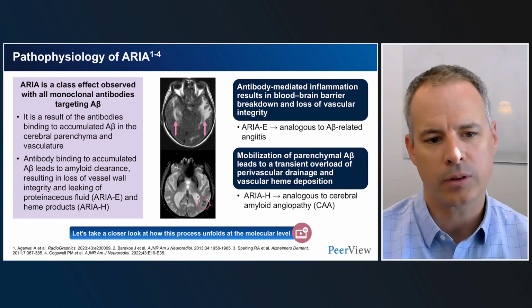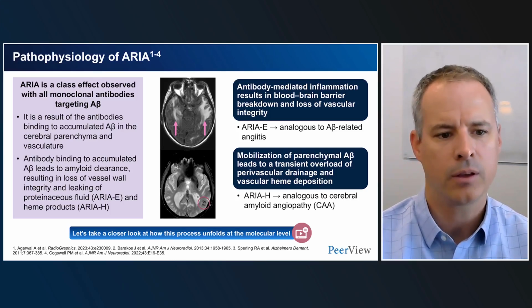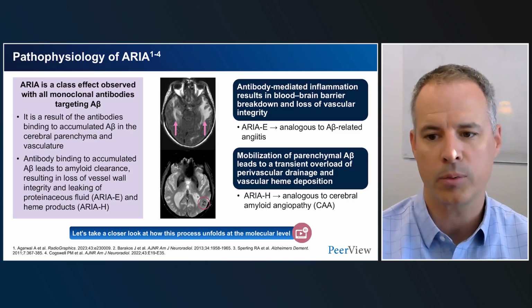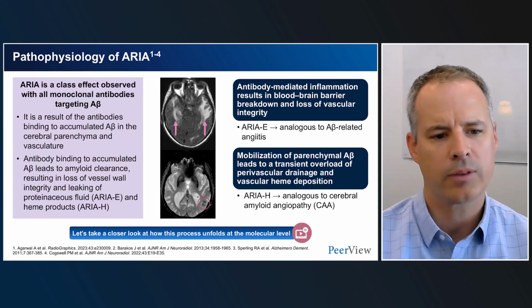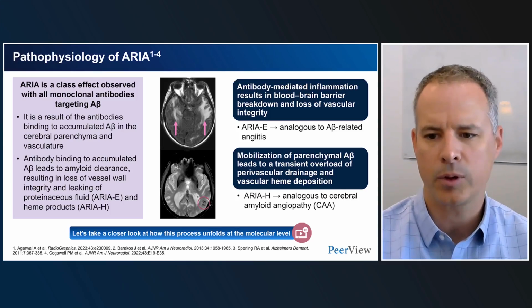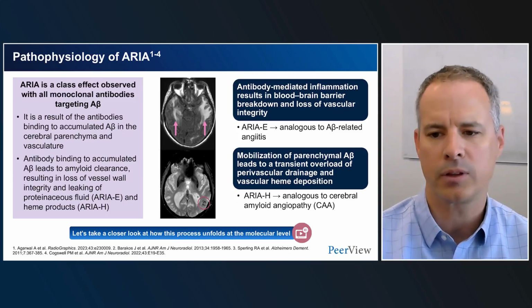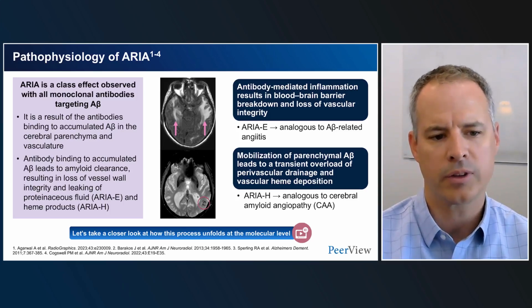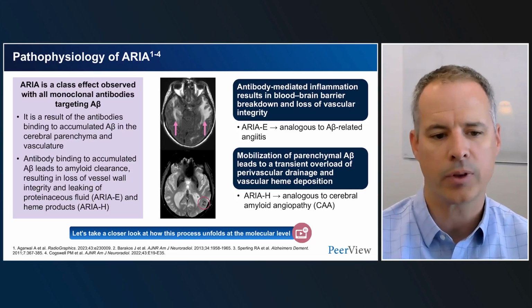And we think it's the result of antibodies binding to accumulated amyloid beta primarily within the cerebral vasculature, so cerebral amyloid angiopathy. When these antibodies bind to this cerebral amyloid accumulation, it can cause an inflammatory response that leads to loss of integrity of the vessel wall, leakage of fluid, and edema around the blood vessels, which is ARIA-E or ARIA-edema.